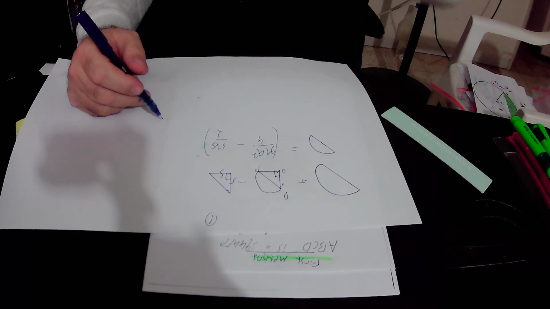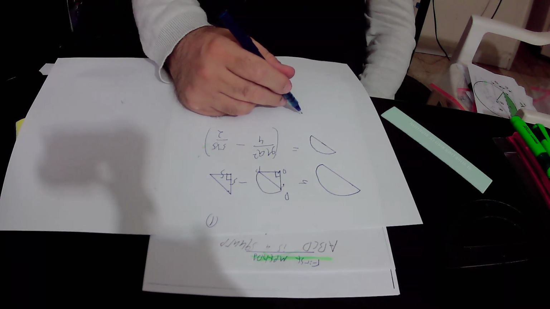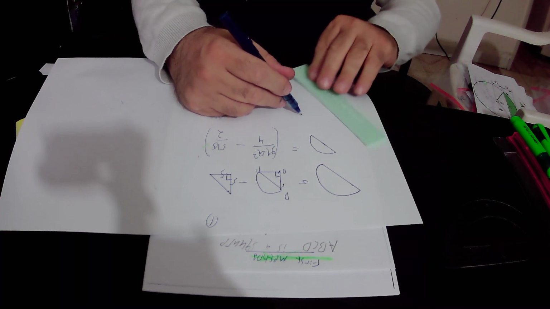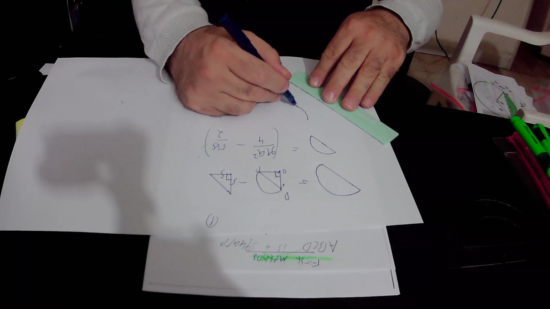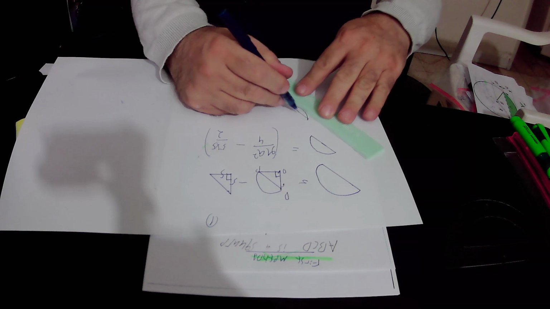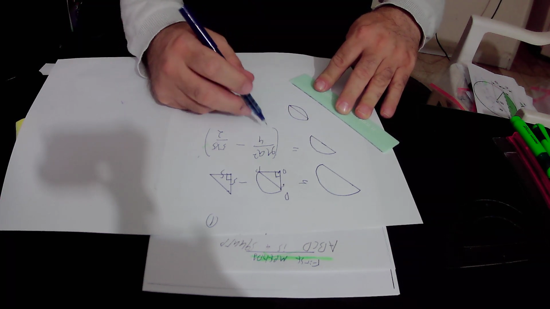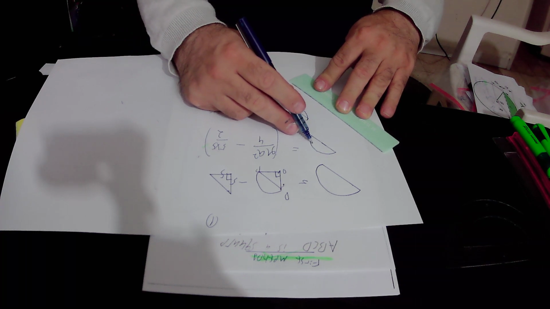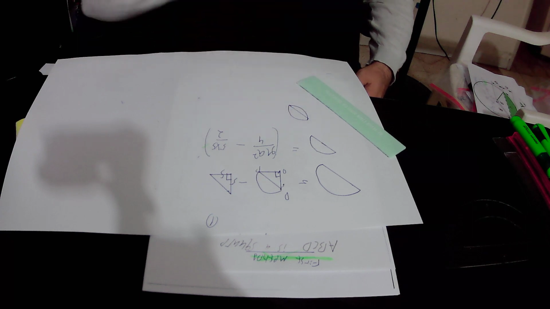And when we multiply it by 2, we'll get the area of the lens, the area of the blue lens. The area of the blue lens is equal to 2 times the area of the circular segment here.